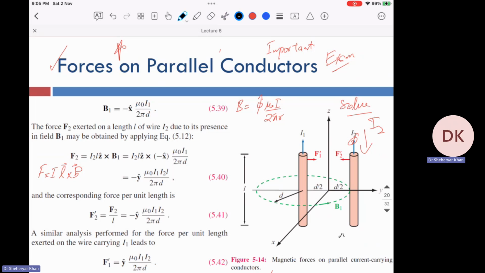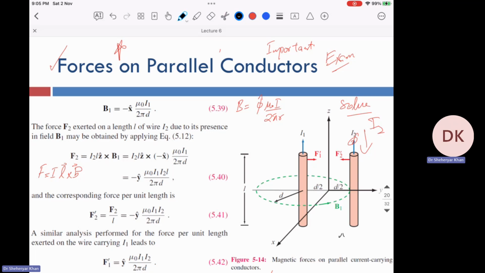So where's your y-axis? Thus, this is negative y, so we consider this one. Okay. By using these unit vectors, we can solve. So z cross x is y.